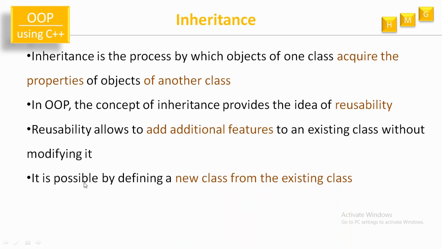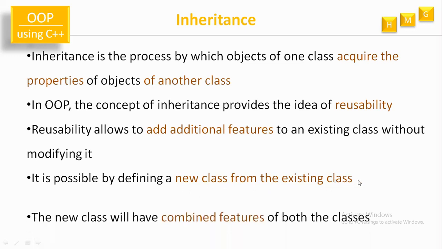This is possible by defining a new class from the existing class. Just as I told you, there is one existing class which already has certain data and functions, and with the help of that existing class I can define a new class. In this new class, all the attributes of the existing class will be automatically inherited, plus some additional features can be added.